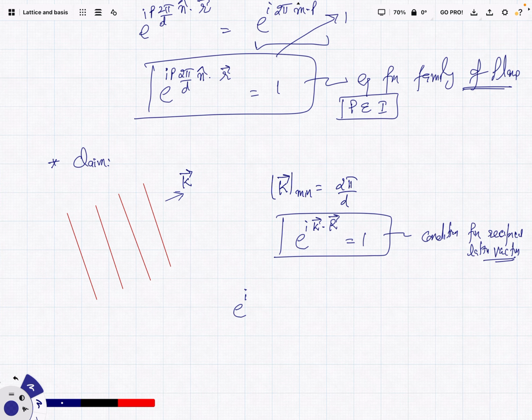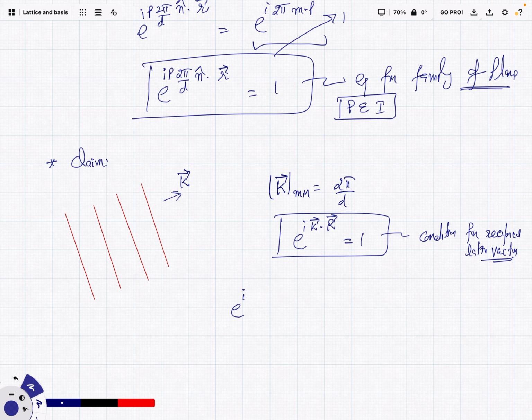If this condition is true for a reciprocal lattice vector K with a minimum magnitude of 2 pi by d, then I can always say the equation of the plane is this.